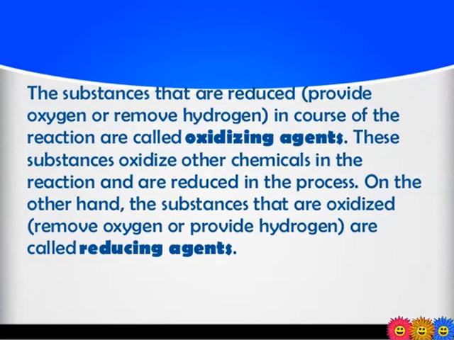These substances oxidize other chemicals in the reaction and are reduced in the process. On the other hand, the substances that are oxidized, which remove oxygen or provide hydrogen, are called reducing agents.